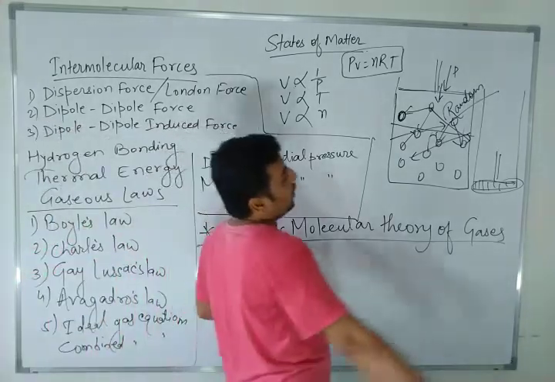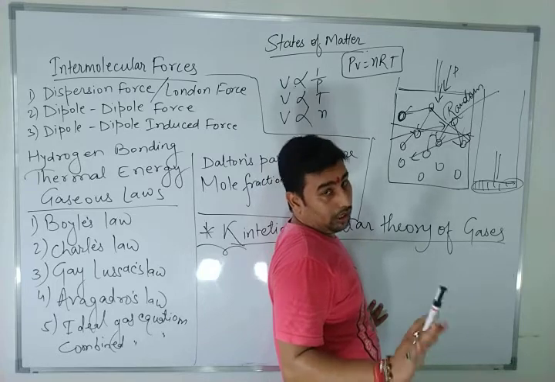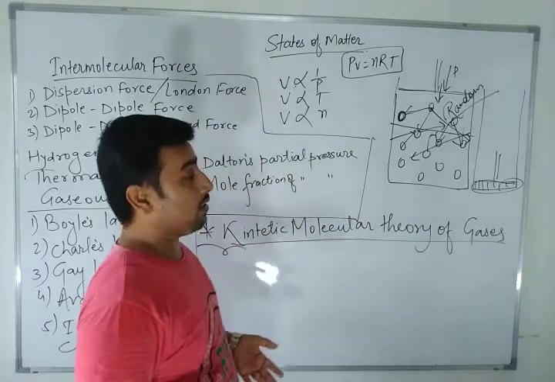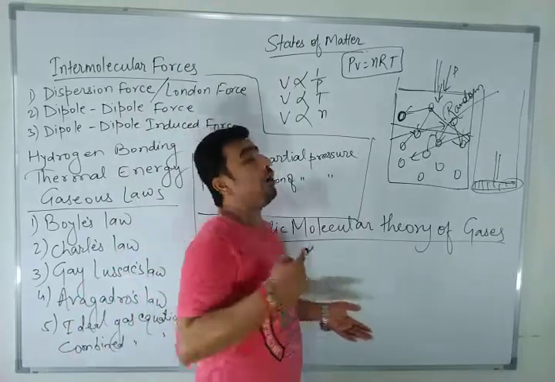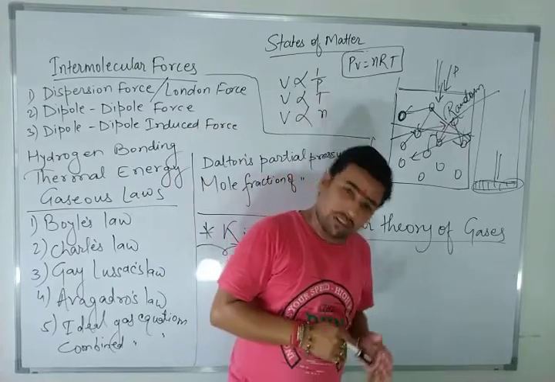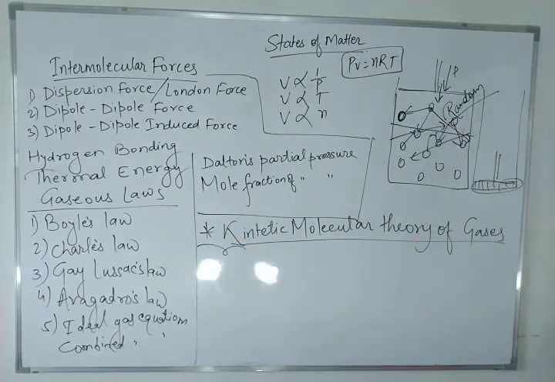But overall, it's going to remain the same. Are you getting or not? Individually, the speed of all the atoms and molecules changes after the collision. But the overall speed of the whole cylinder is not going to change. It's going to remain constant at a particular temperature.